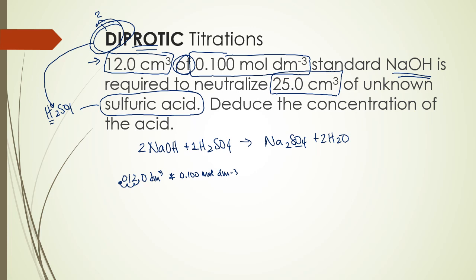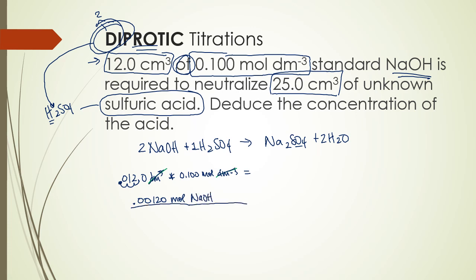So 0.0120 cubic decimeters times 0.100 moles per cubic decimeter. So here, dm3 and dm-3 cancel each other out when we multiply, and we are left with 0.0120 times 0.1, which is just going to have us move our decimal place backward one more time, 0.00120. We're just left with moles of sodium hydroxide.